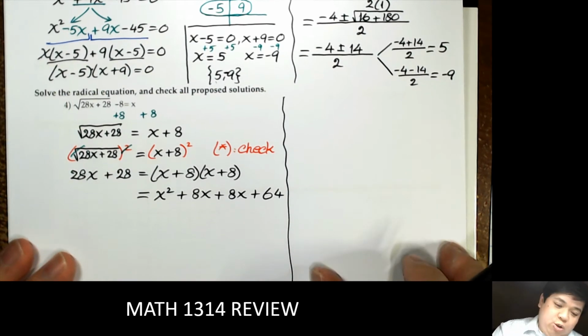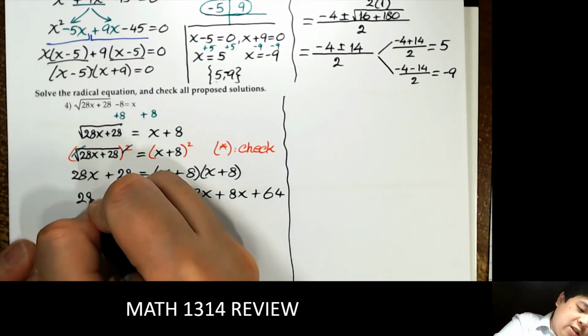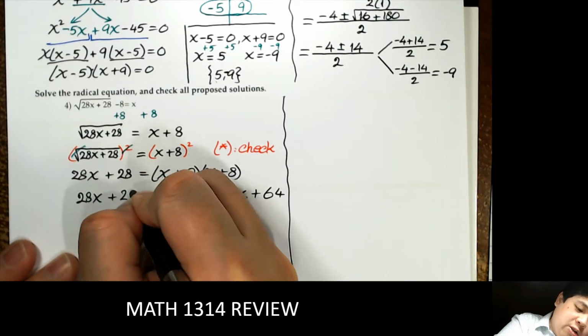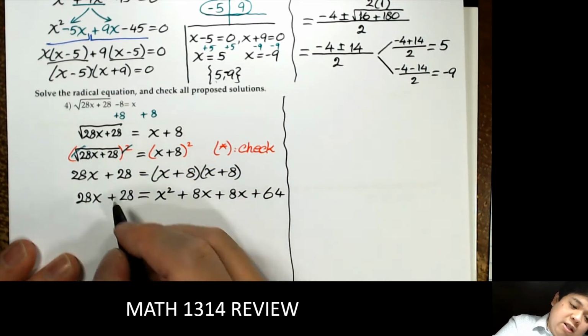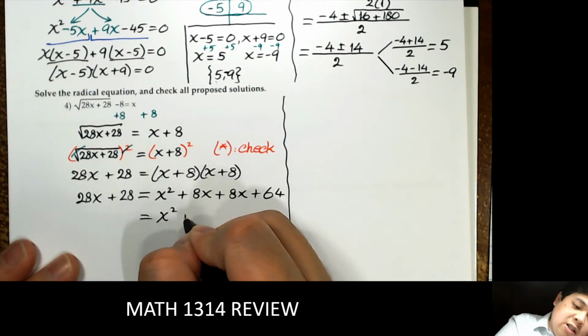Save this part to check the answer over there. Right, 28x plus 28 on the left hand side. Combine like terms here, 8x and 8x, that's 16x.